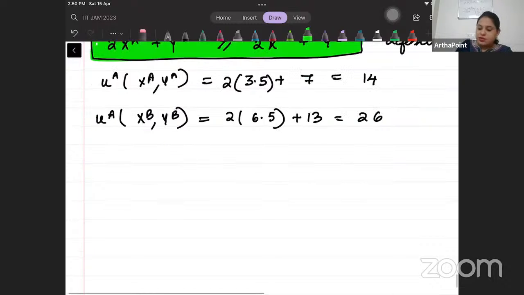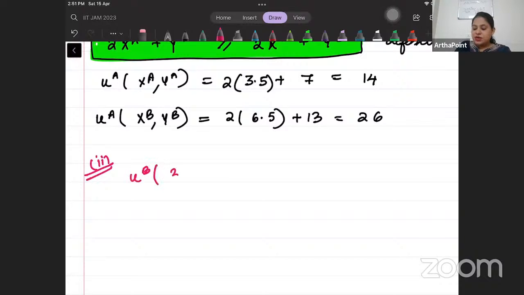Now let's check for B. Here we can already say it is not fair, but let's check for B also. Suppose in the exam they ask whether A is envious of B, and whether B is envious of A. So individual B's utility from A's bundle: his utility function was xb yb, so it will be 3.5 into 7, which is 24.5.